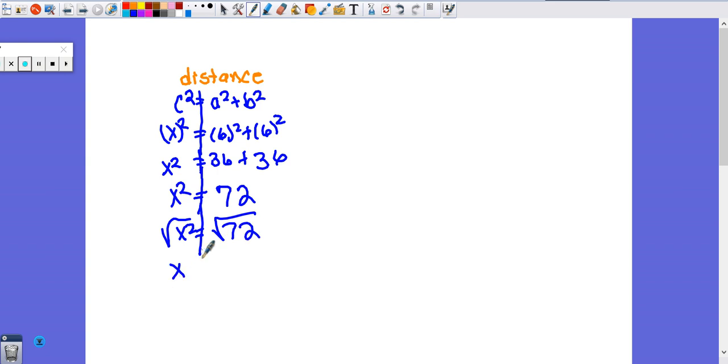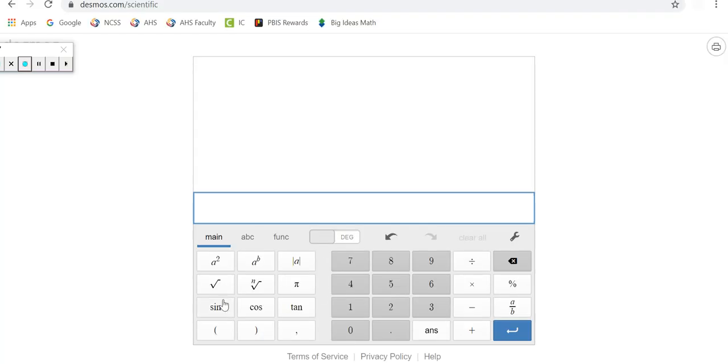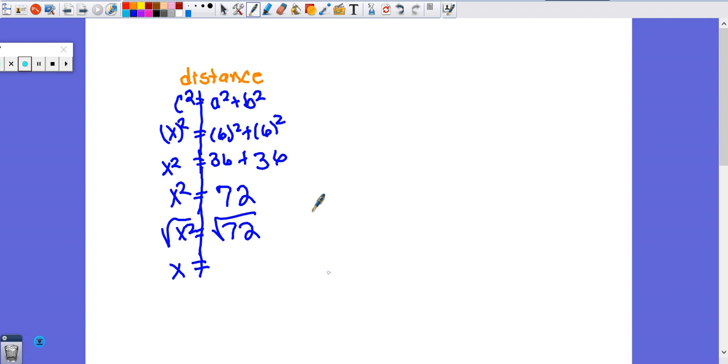And we get x equals, you can use your decimals, clear this out, square root 72. And this is the calculator you're going to get on your test, guys. So you get 8.4, and I'm rounding to the nearest hundredth, so 8.49. So x equals 8.49, and we don't have any units, so I'm going to say units.